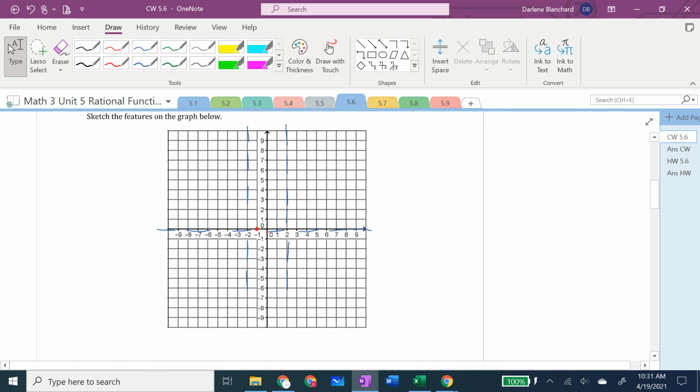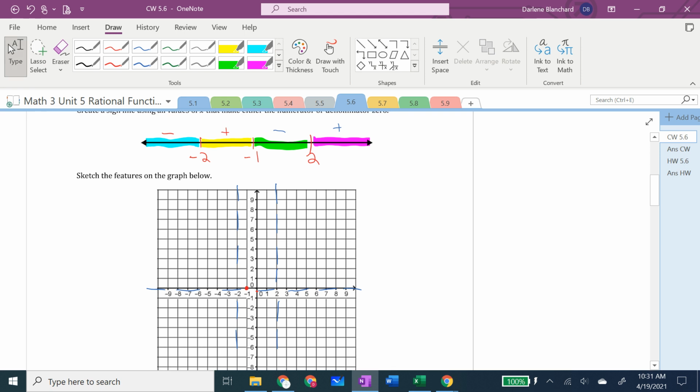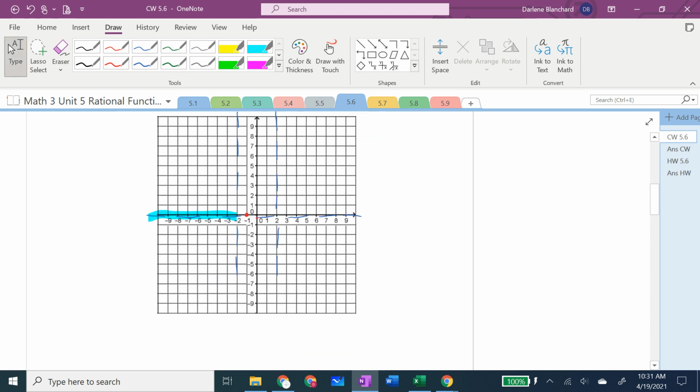Now, I want to show you the power of the number line. When I am dealing with the x interval less than negative 2, my graph exists entirely below the x-axis. My graph will only exist down here.